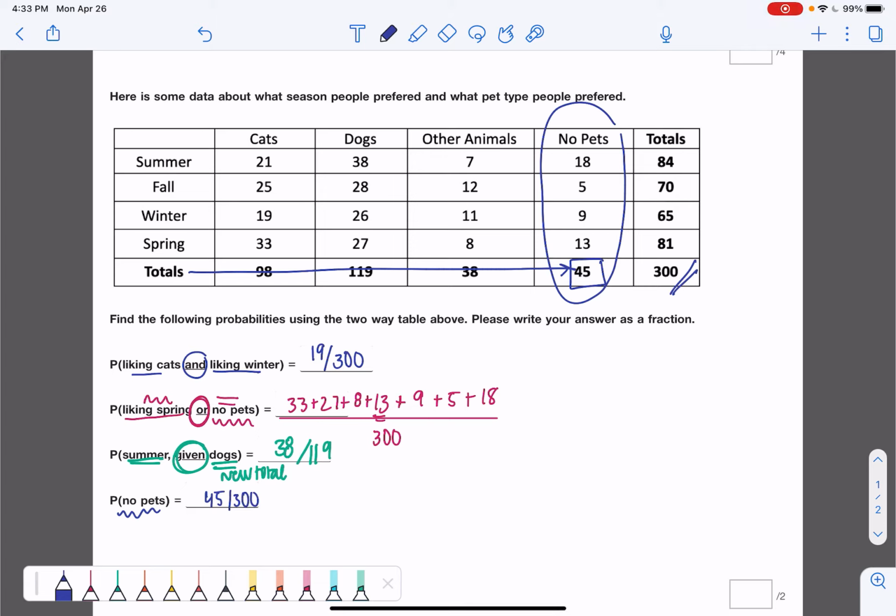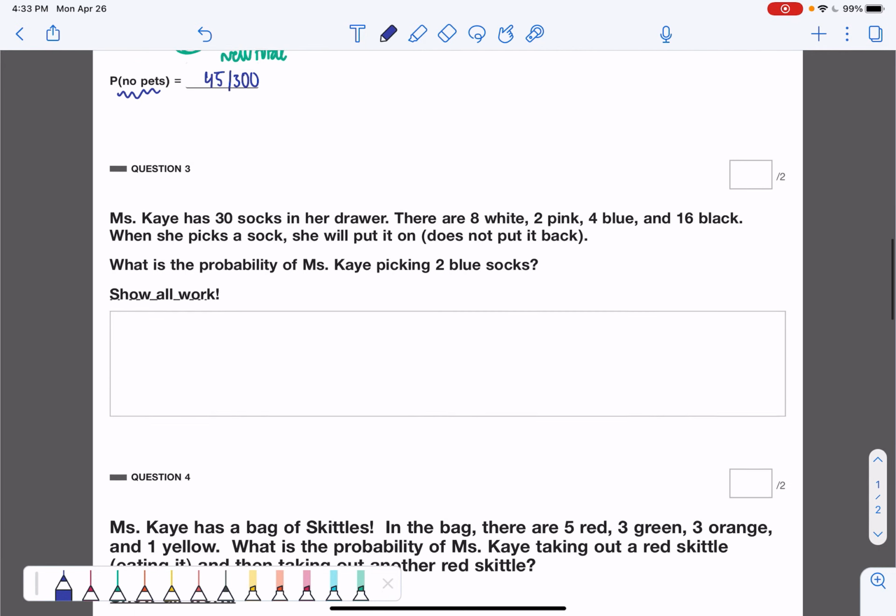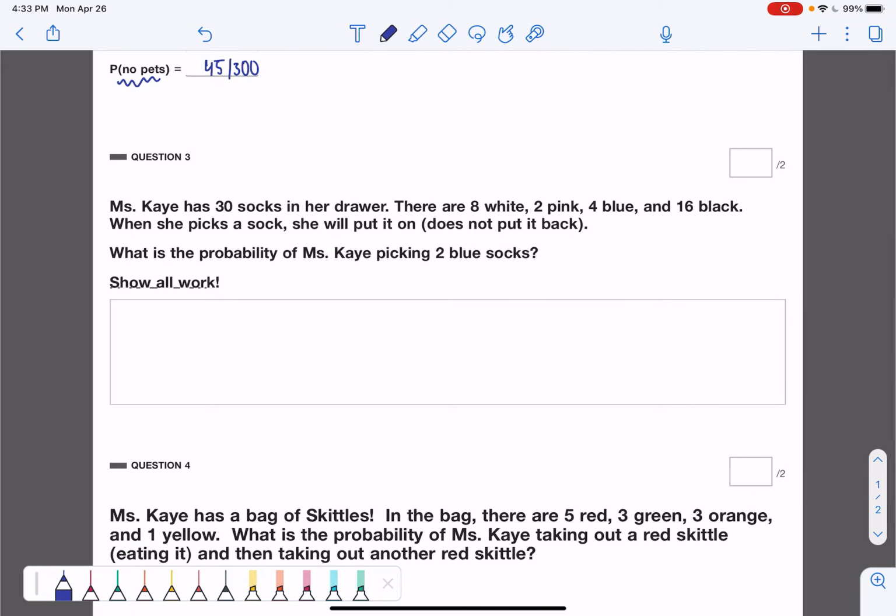Let's look at problem number 3. Miss K has 30 socks in her drawer. That's a total. That's all the socks. There are 8 white, 2 pink, 4 blue, and 16 black. When she picks a sock, she will put it on.